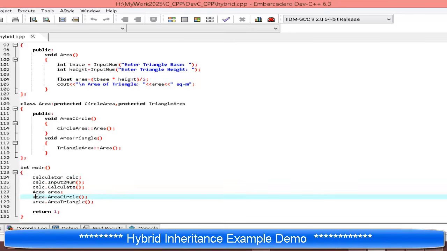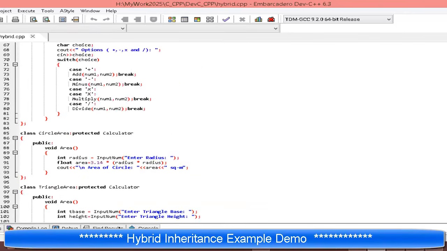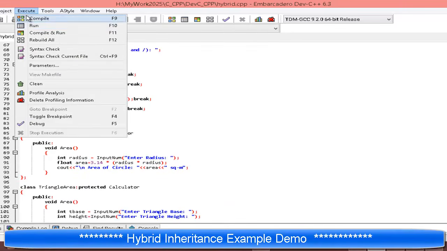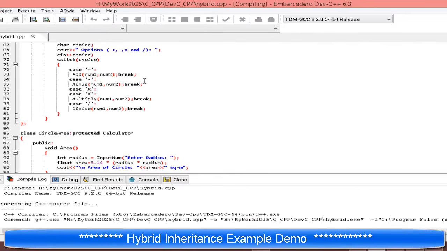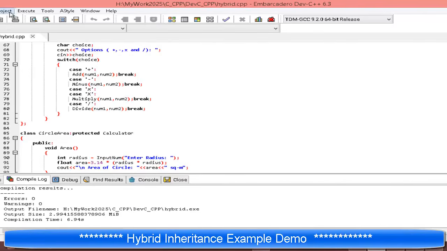Next, area, and calling the functions area circle and area triangle. Now we run the program. First we compile this and run the program.